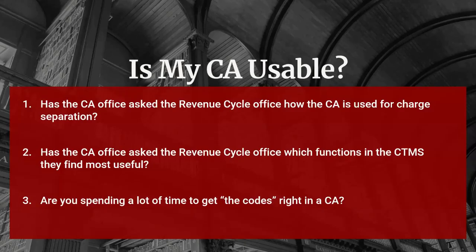Then there's the next part, which is in a CTMS calendar. Usually on the top, just like in a coverage analysis or a schedule of events, you have a timeline going horizontally across your calendar screen. And it'll be visit 1, visit 2, visit 3, visit 4, visit 5.